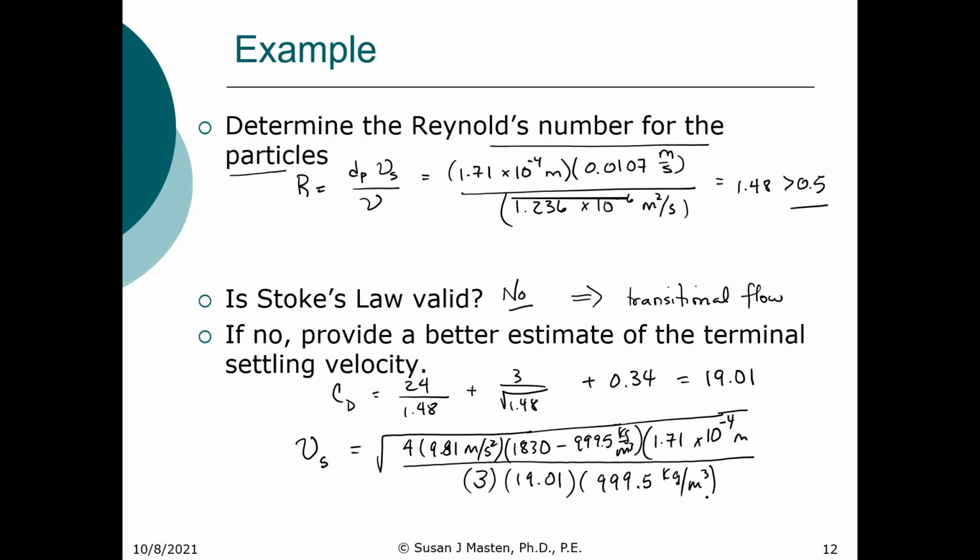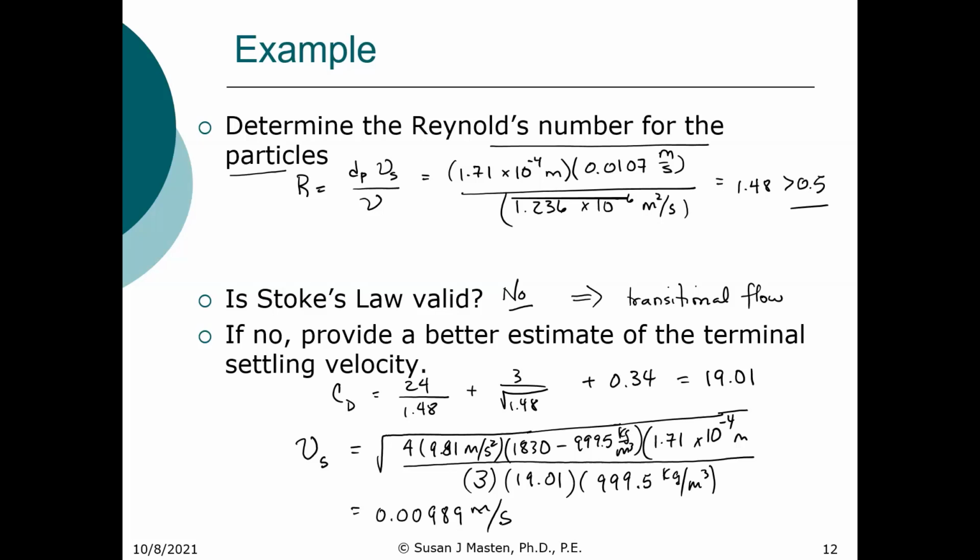So we have terminal settling velocity, we calculate that, and that is 0.00989 meters per second. Now, that is still an estimate, okay? In order to obtain a more accurate estimate, what you need to do is iterate on this solution.